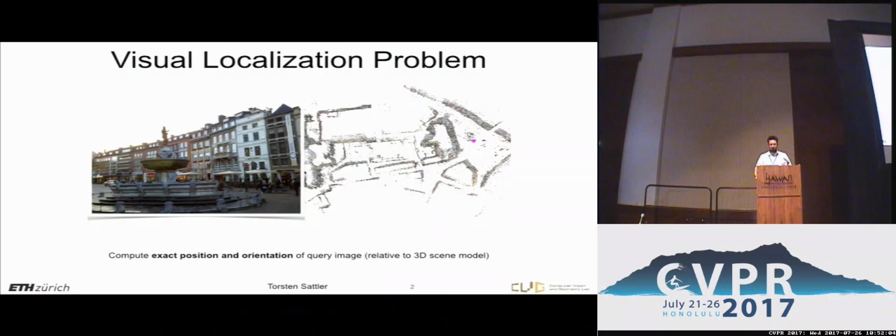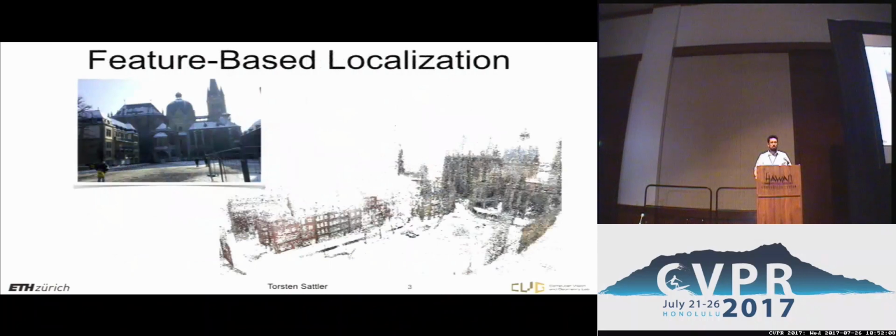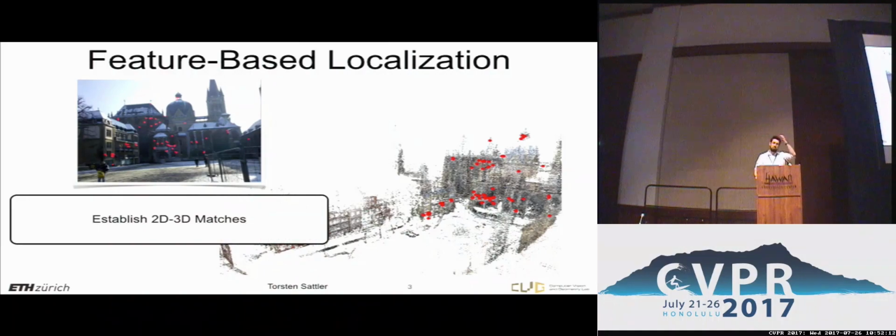So the approaches that I'm going to talk about are feature-based in the sense of, given a 3D model and a query image, the first step is to establish a set of 2D-3D matches that link pixel positions in the image and 3D points in the 3D model or 3D point cloud.